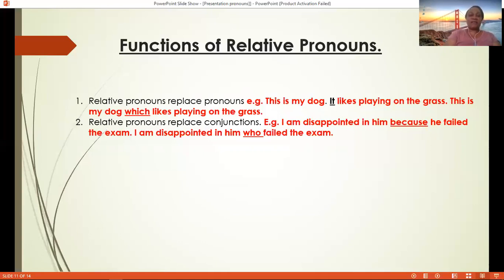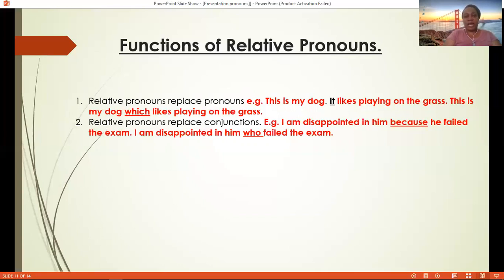So note there, the first 2 sentences: this is my dog and it likes playing on the grass. Those will be 2 sentences joined by a conjunction, and then comes the relative pronoun.